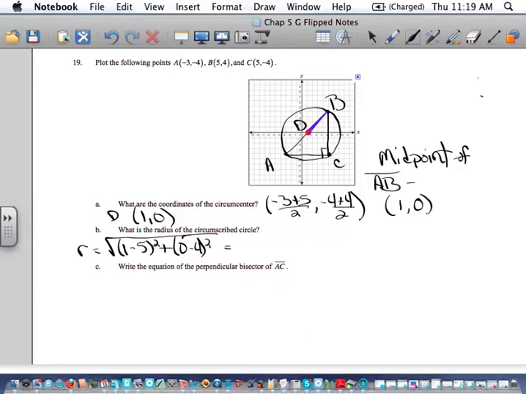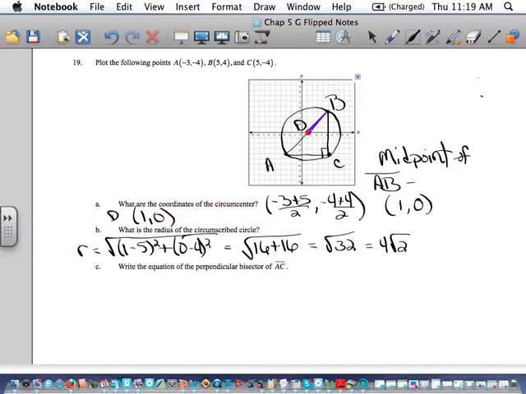That's going to give me negative 4 squared, which is 16, plus negative 4 squared, which is 16. It's going to give me the square root of 32, which is 4 root 2. You can go ahead and put that in decimal form if you would like.